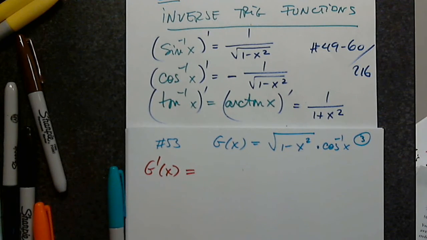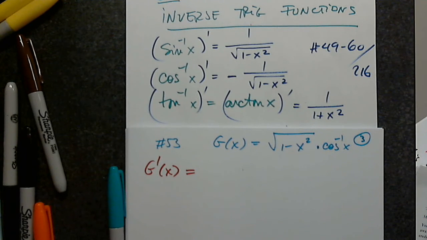G prime of x. I have to look at the function and, in my head, if you want, decompose it in pieces. So what does this function mean? It's the square root of 1 minus x squared times cosine inverse.